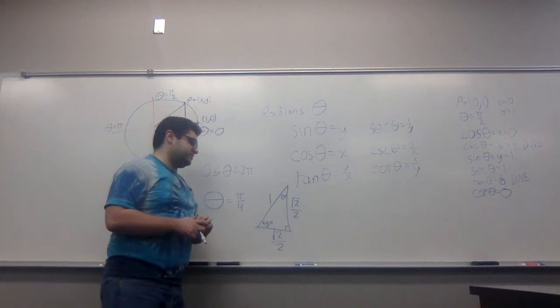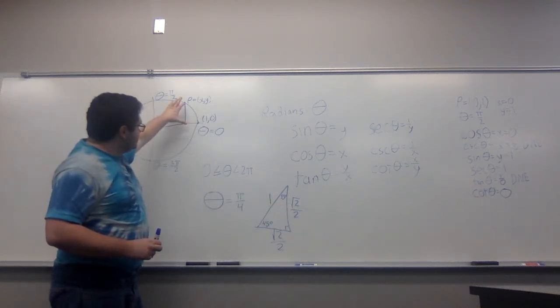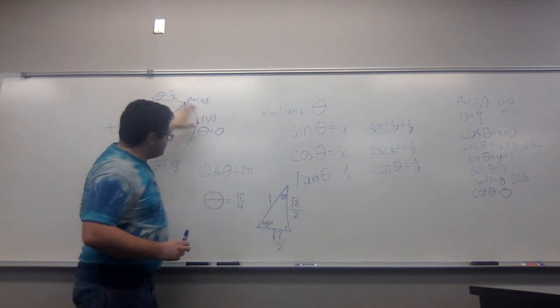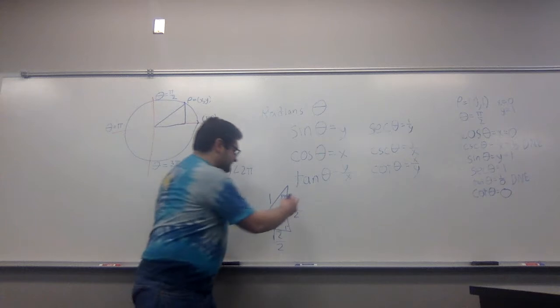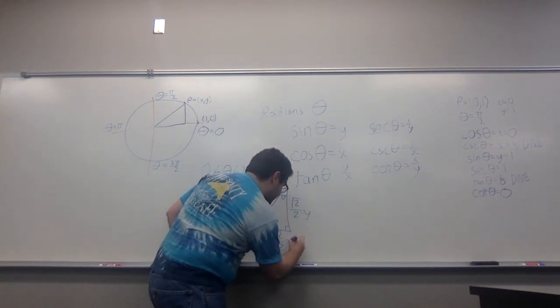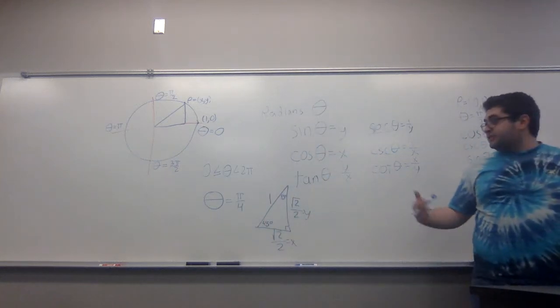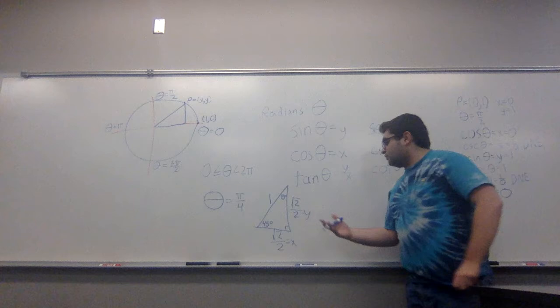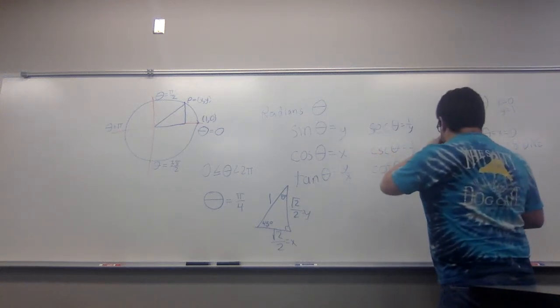So since we got this point from here, this side will be y, and this side will be x. So just like that, we have everything we need to solve each of the trig equations.